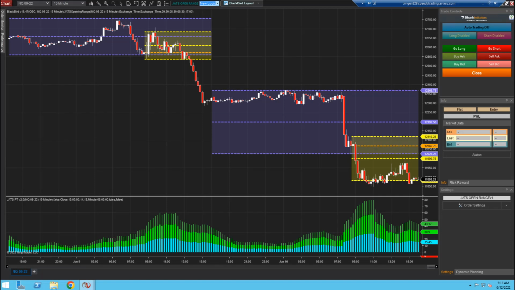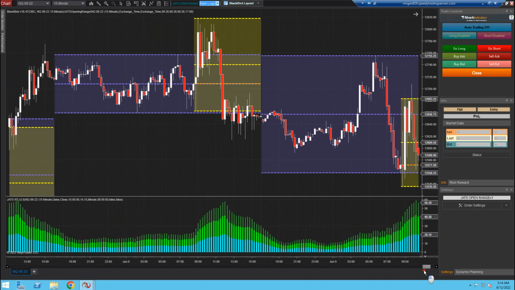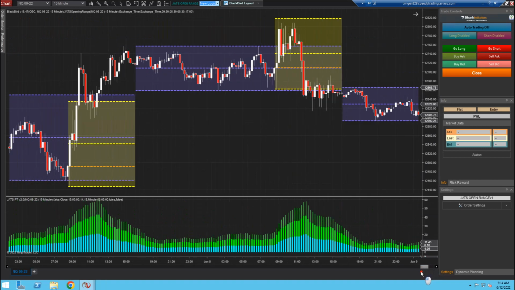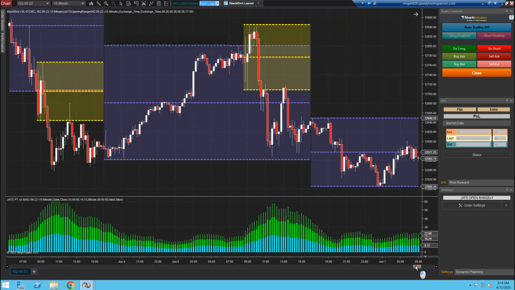This is the opening range and PT breakout system. My opening range indicator allows me to see the nighttime versus the daytime session, and I can clearly see where these breakouts occur.